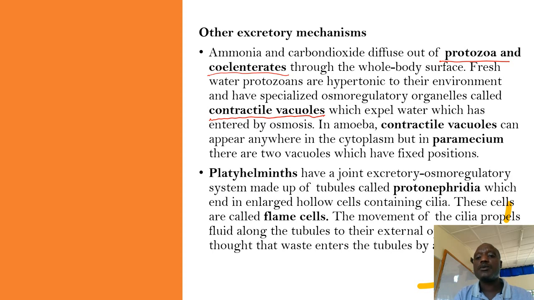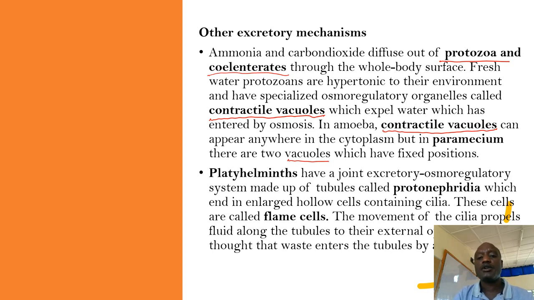But how do the protozoans and the coelenterates regulate the amount of water that has entered their body? They use these specialized osmoregulatory organelles called contractile vacuoles. Good example: in amoeba, the contractile vacuole can appear anywhere in the cytoplasm, but in paramecium there are two vacuoles which have fixed positions.